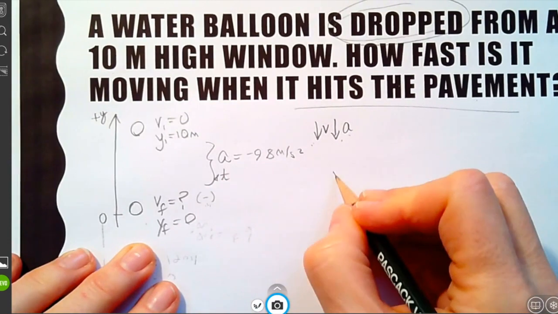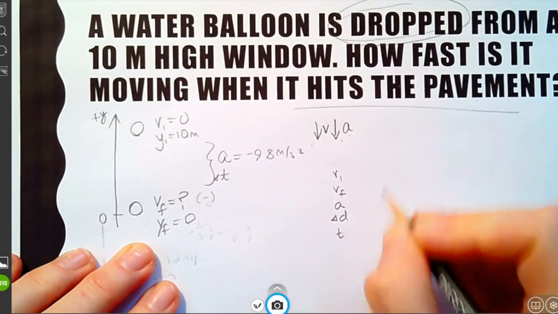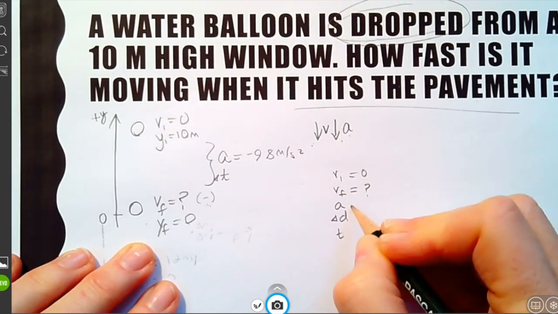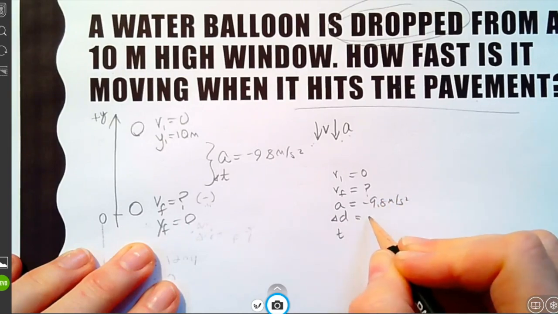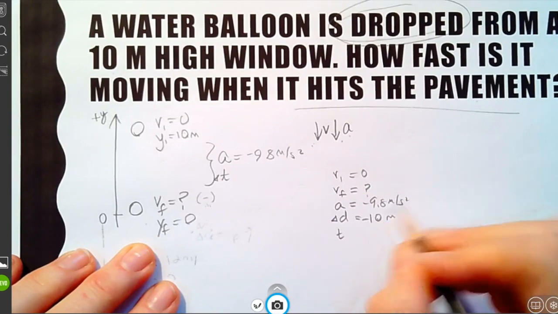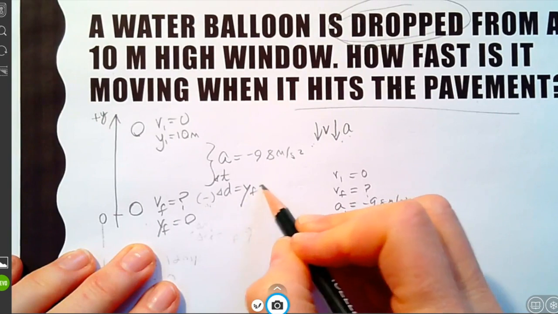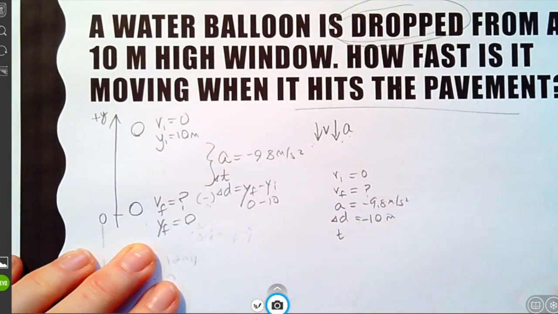So once again, if you make this quick list of our information, we end up with a different unknown, but the same equation. My displacement, remember, is going to be the change in y, which is v final minus v initial, which is 0 minus 10. So I get negative 10 meters.